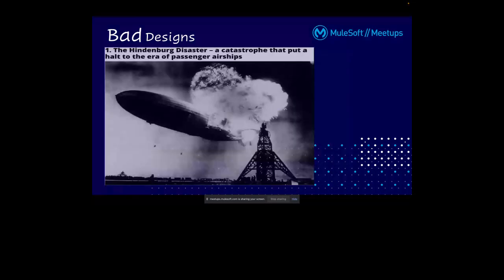Now, these were some funny designs. They cost companies to some extent, but they did not wrap up the company. So this is the biggest historical disaster: the Hindenburg disaster, a catastrophe that put a halt to the era of passenger airships. There was an era in the 1970s and 60s when passenger airships were becoming very common.